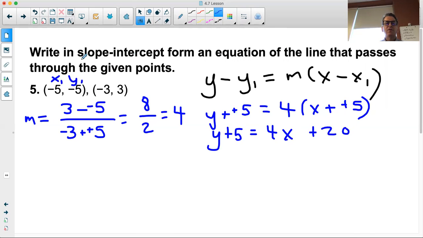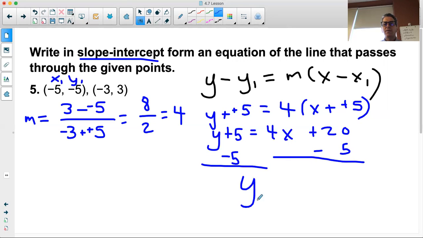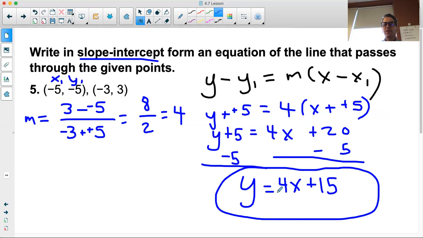Then to totally convert it to slope-intercept, we have to get rid of this 5 by subtracting it from both sides. When we do that, we have y is equal to 4x plus 20 minus 5, which is 15. And then circle your answer, which is slope-intercept form at the end.